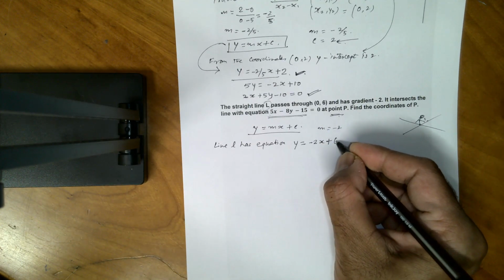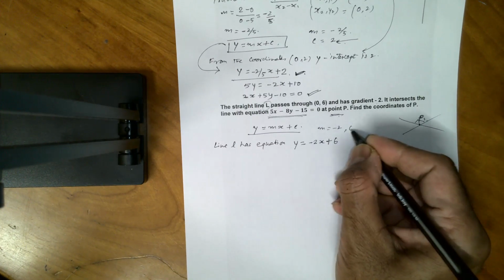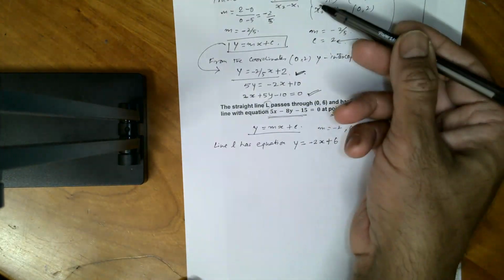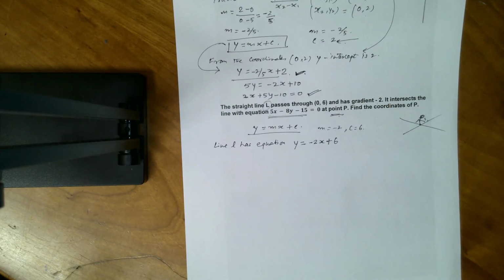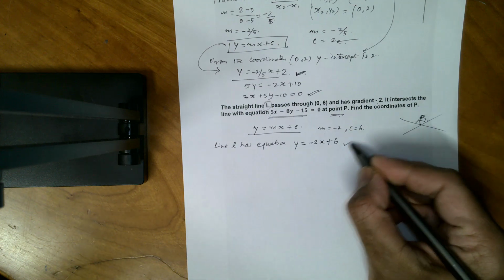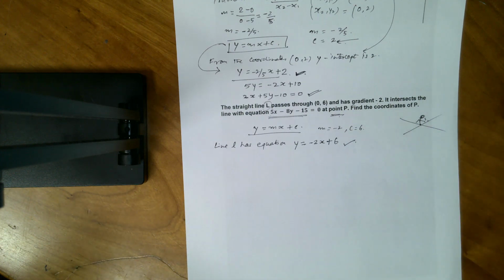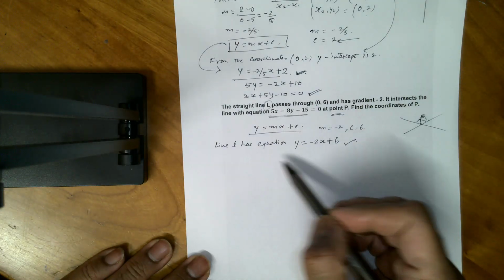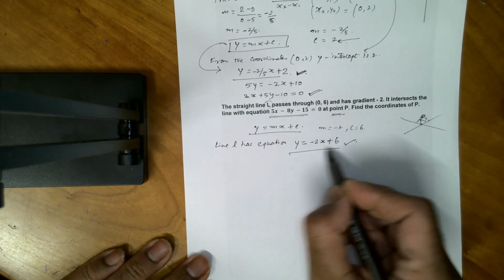What is your c here? It's 6, because this is what we discussed up here. So you've got your line L, and that's what the equation is.